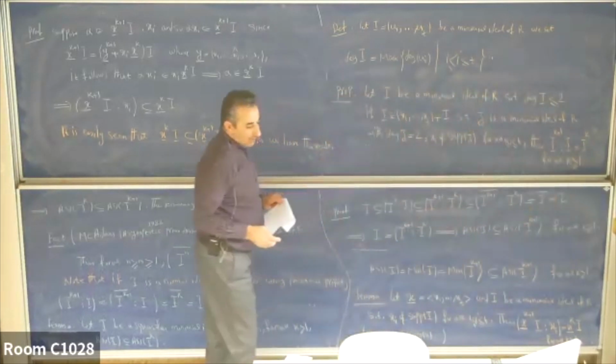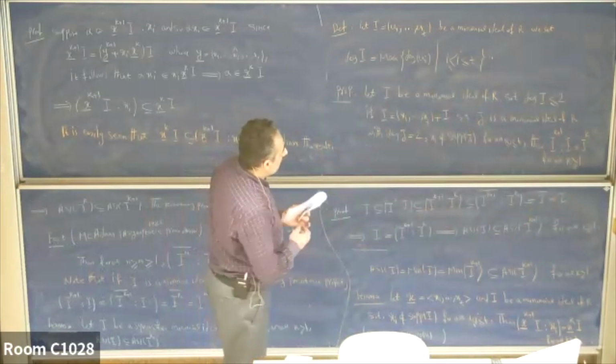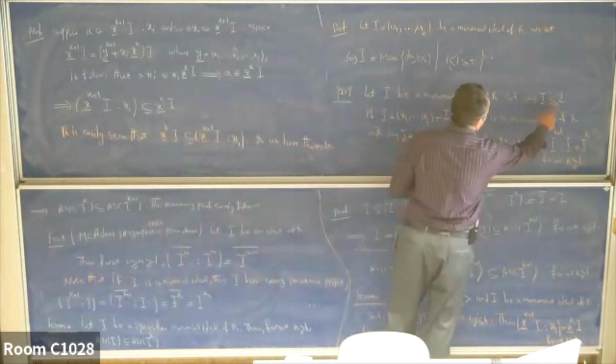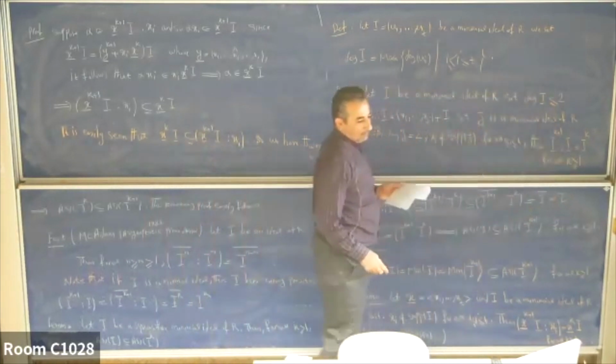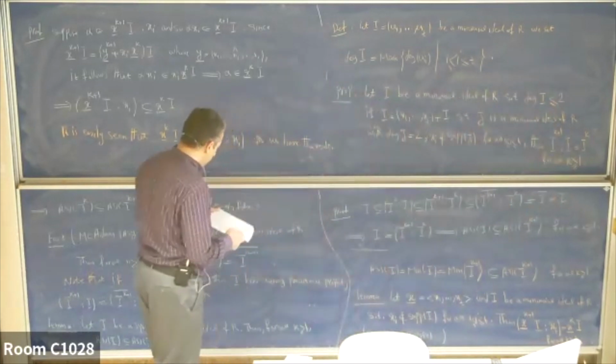For monomial ideals of degree less than or equal to 2, we always have the strong persistence property.